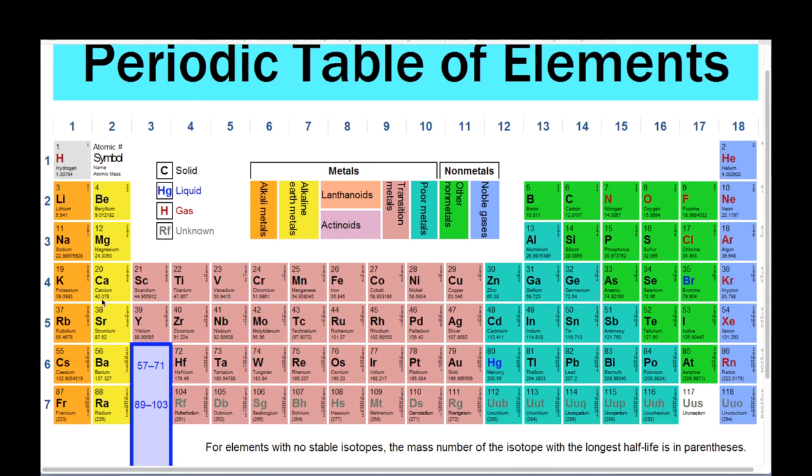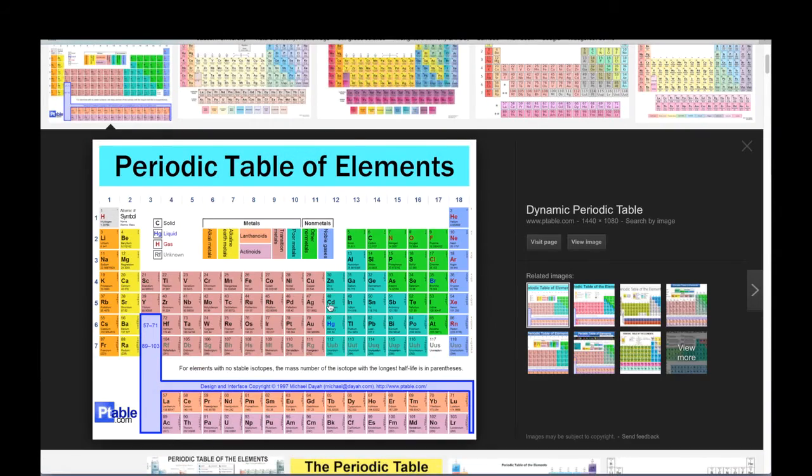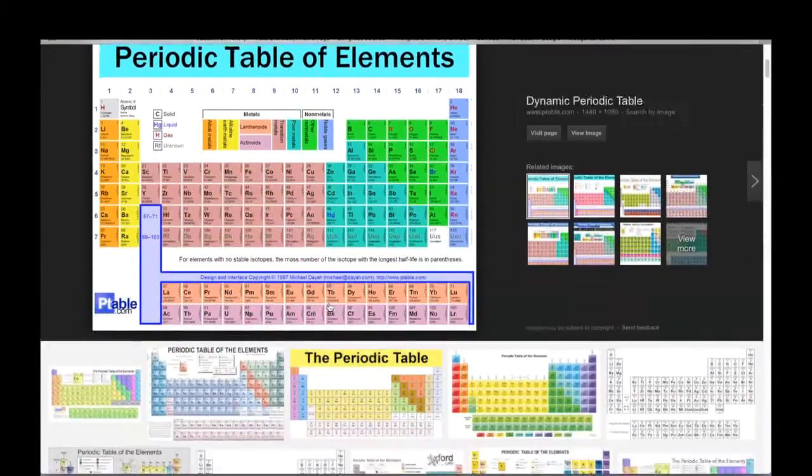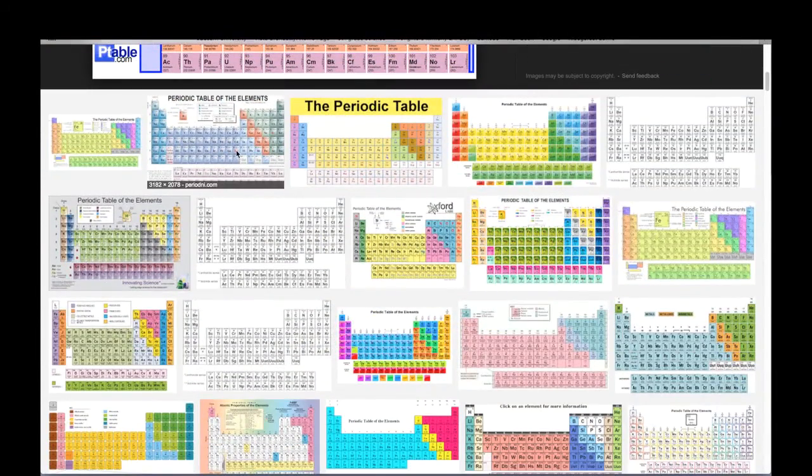I mean, you have metals, and you have non-metals, and then along this zigzag line right here, you have metalloids. Let's see if I can pull up another one with the actual line on it. Here we go.